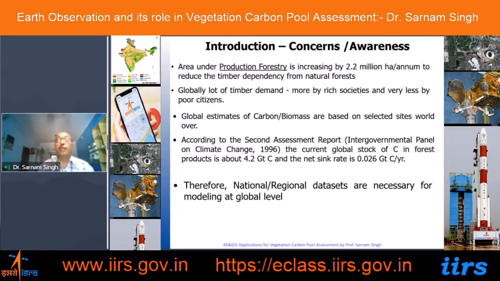So nowadays, people are focusing or showing their concern on production forestry, how to reduce atmospheric carbon through forestry. That means the trees can absorb or sequester atmospheric carbon through photosynthesis and can hold it for many, many years. In fact, thousands of years they can hold it.